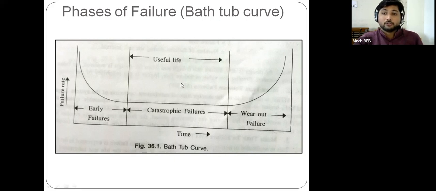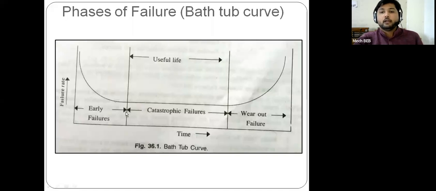There are different reasons for a product to fail during its useful life, like some design problem, some material problem, or some human errors, and because of that these products fail.